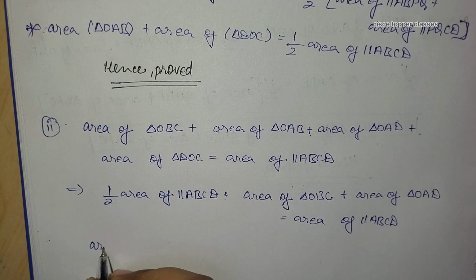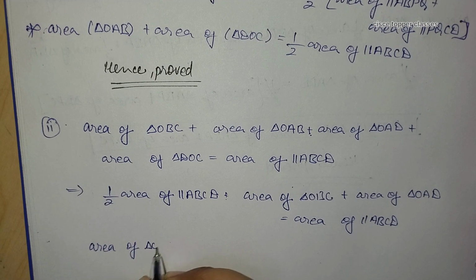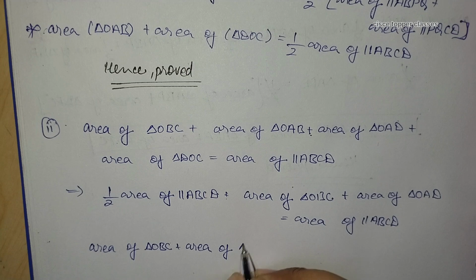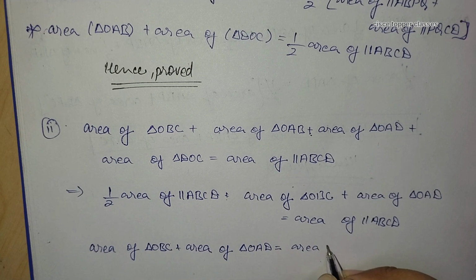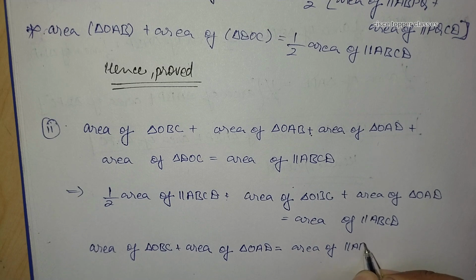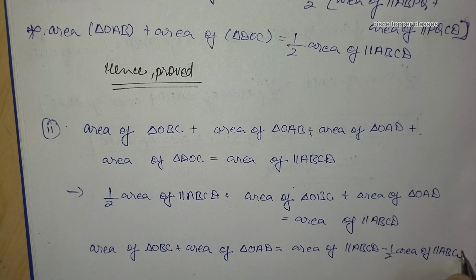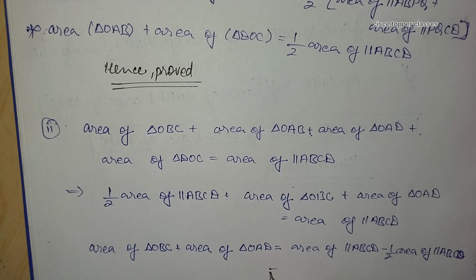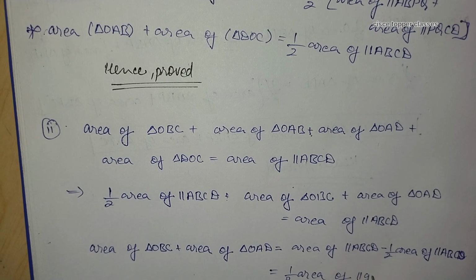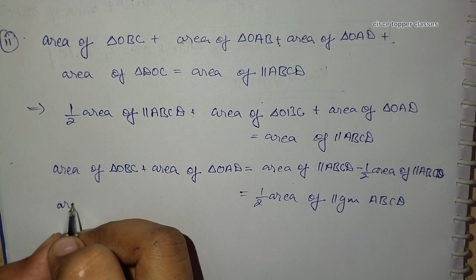Now we can simply write area of triangle OBC plus area of triangle OAD is equal to area of parallelogram ABCD minus 1 by 2 area of parallelogram ABCD, which is equal to 1 by 2 area of parallelogram ABCD.